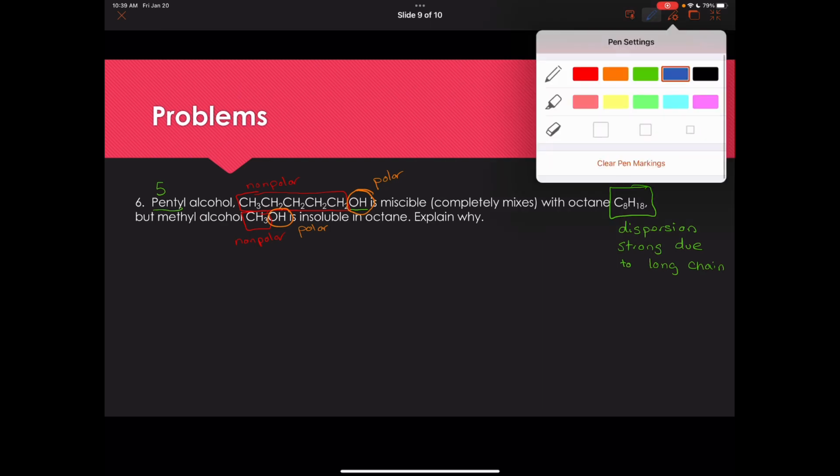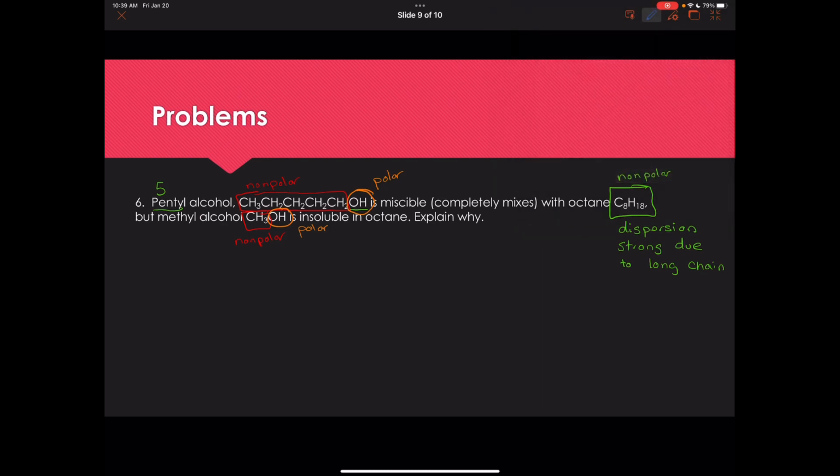Now, if we compare this, we look at our pentyl alcohol and our methyl alcohol. We're told that the methyl alcohol does not mix with the octane. If we look at that, the nonpolar region is small. It has very weak dispersion. Its stronger forces here are going to be coming from the dipole-dipole and hydrogen bonding.